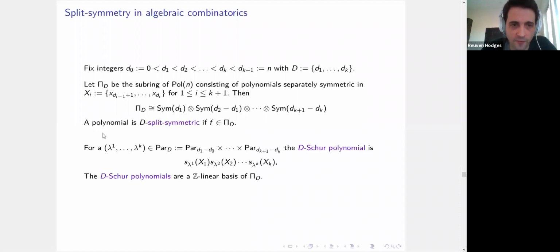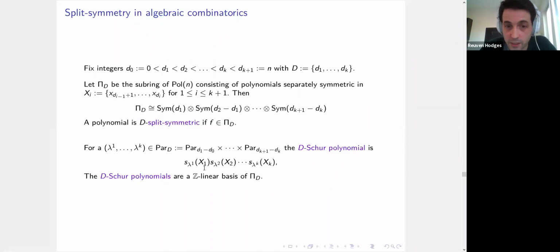Well, the point of this is the following. Now I'm going to take a sequence of partitions, lambda superscript 1 up to lambda superscript k. Their lengths depend on d. This is just a sequence of partitions. We say that the associated d-Schur polynomial is a product of Schur polynomials.